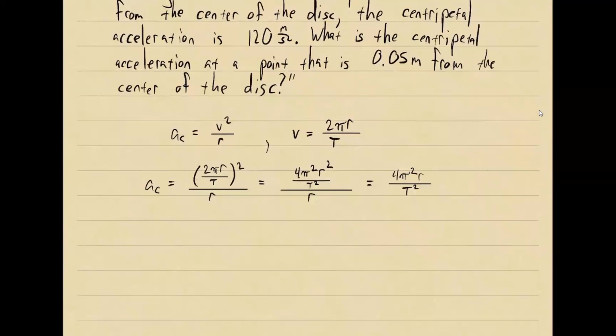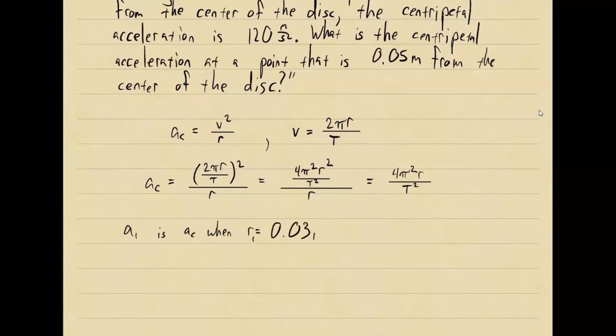I'm going to call our first centripetal acceleration A1, the centripetal acceleration when our radius is 0.03 meters, and A2 is the centripetal acceleration of a point on the disk that is 5 centimeters away from the center of the disk.